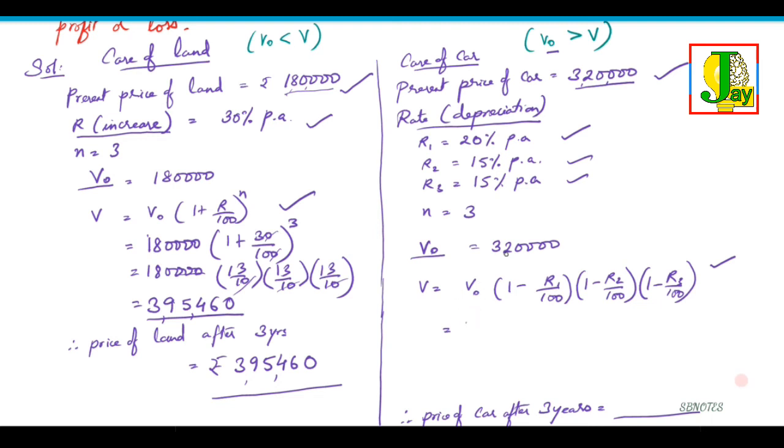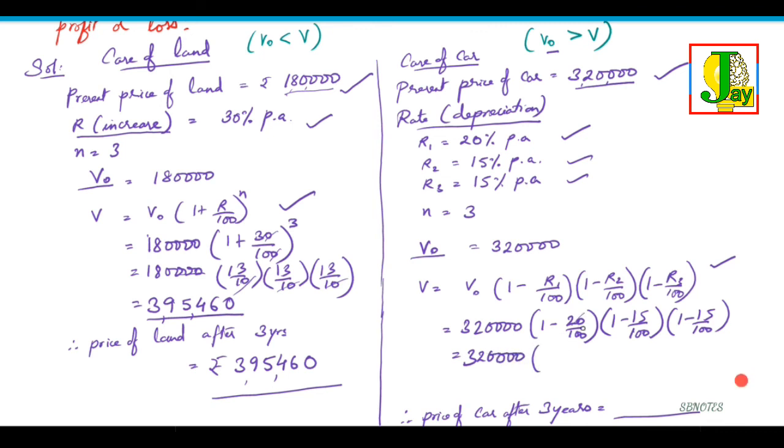Putting the values we get 3,20,000 into (1 minus 20 by 100) for the first year, then 15 for the successive 2 years.